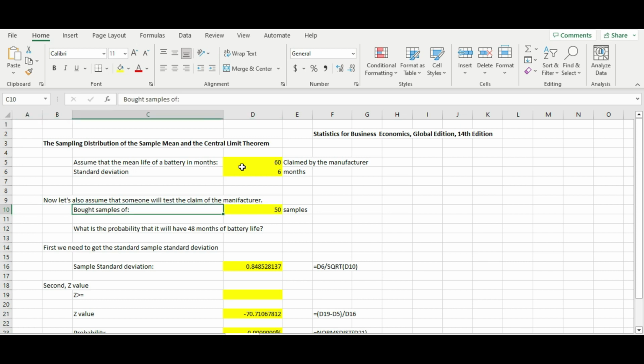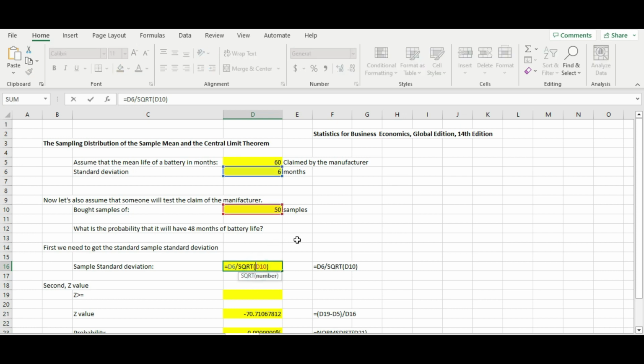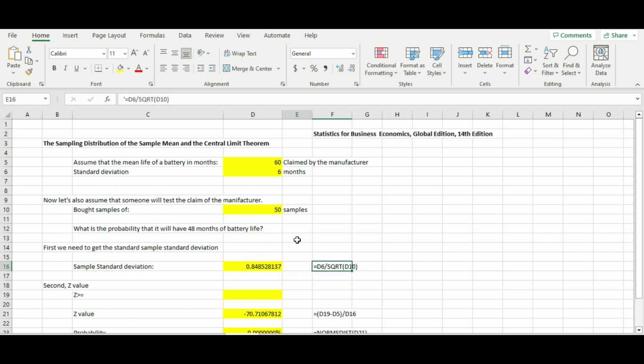Let's say we bought 50 samples of the battery and we decided to check if the manufacturer's claim of 60 months is true, with the standard deviation of 6 months. To do that, as you can see here, we already have the computation.